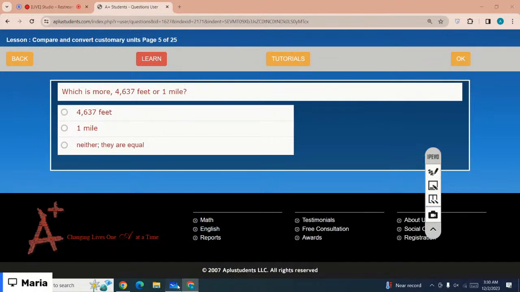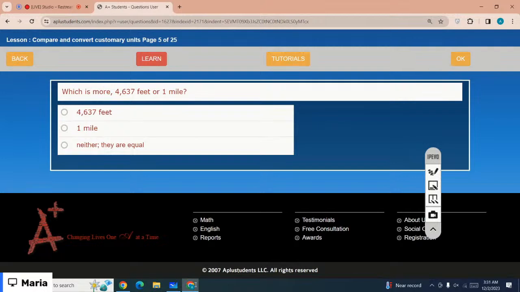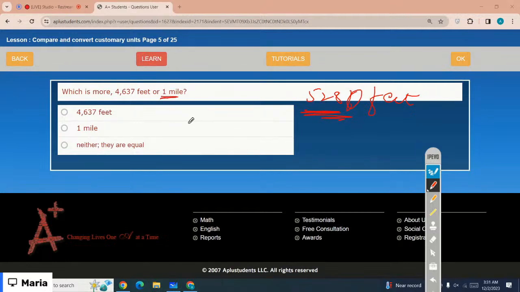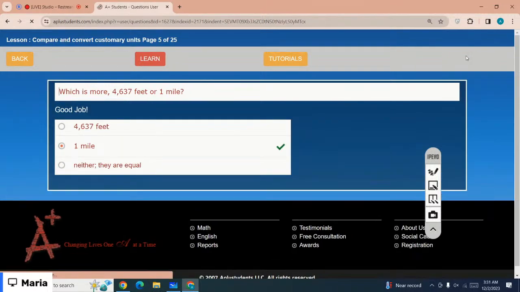You can note down, 1 mile equals 5,280 feet, right? Here you have 4,637 feet and 1 mile. And 1 mile equals 5,280 feet. So which is more? Obviously 1 mile is more, because 1 mile equals 5,280. So the correct option is 1 mile, because 1 mile is more than 4,637 feet, right?